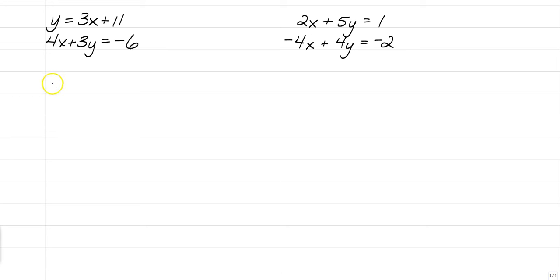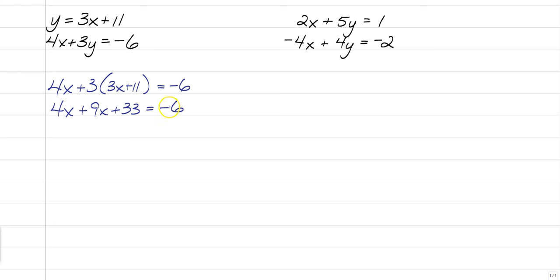So for this one, we have our 4x plus 3y. And then I'm going to use substitution. So I'm going to substitute 3x plus 11 into my y value. And that's equal to a negative 6. Distribute. So 4x plus 9x plus 33 is equal to a negative 6.